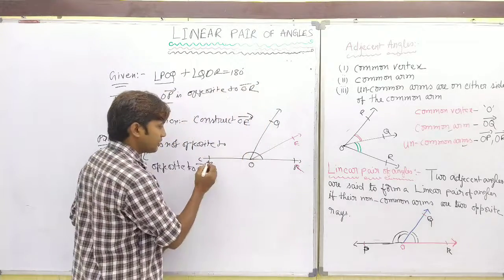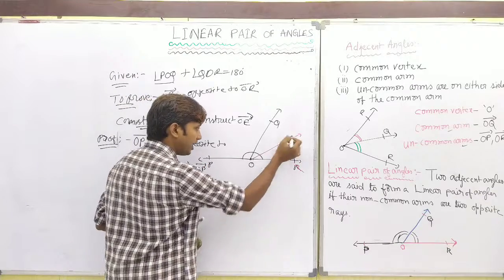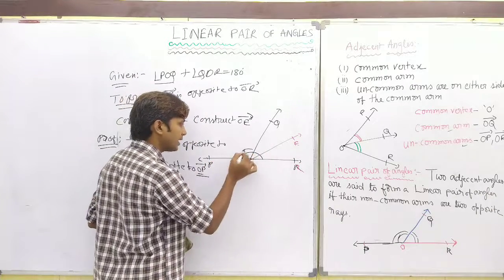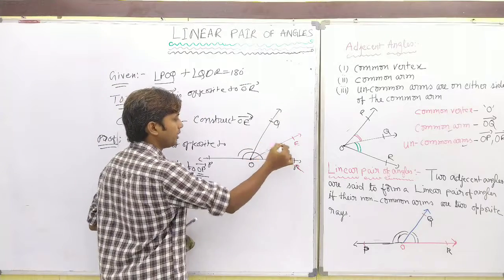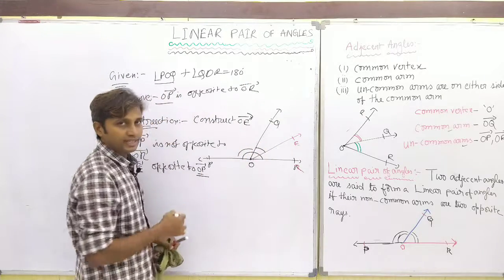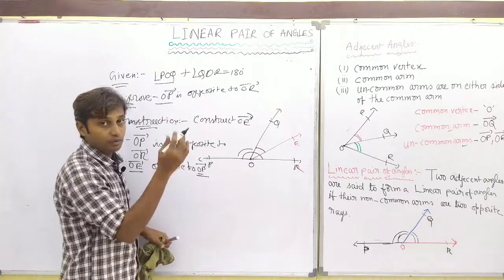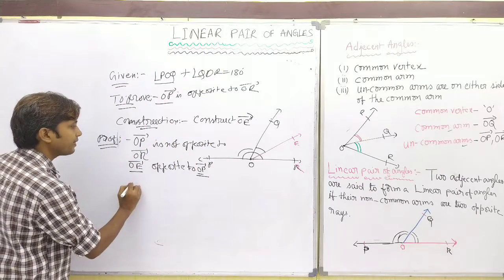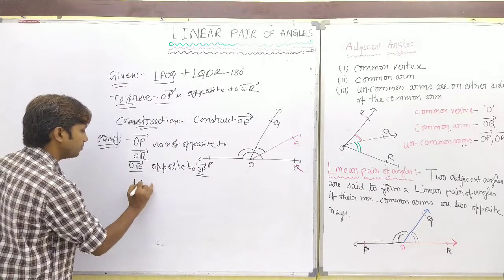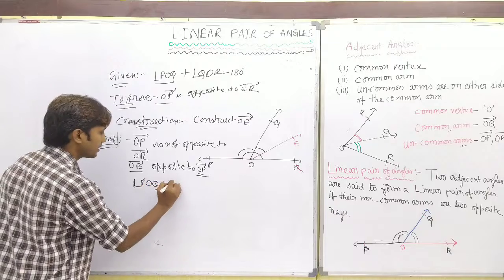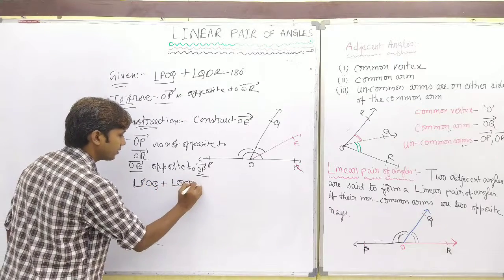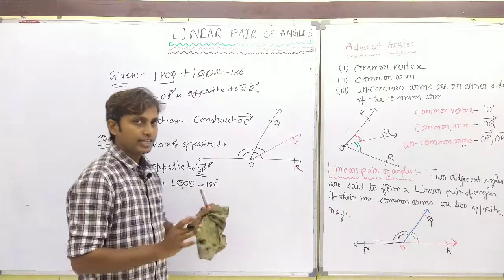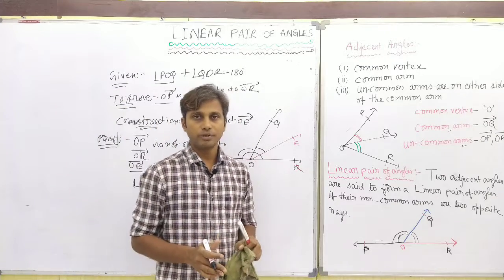So now tell me, as we said that OP and OE are oppositely directed, then angle POQ, means this angle, and angle QOE, means this angle, are supplementary. Why? Because from the previous theorem we said so. Therefore what can we write here? Angle POQ plus angle QOE equal to 180 degrees. Got it? This is the first equation we obtained.